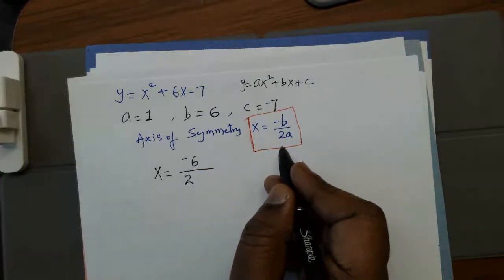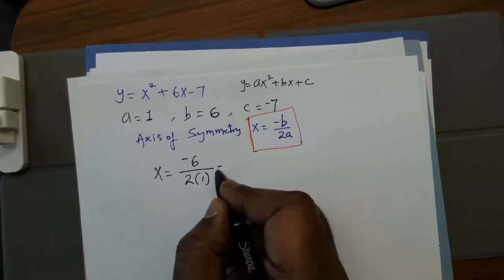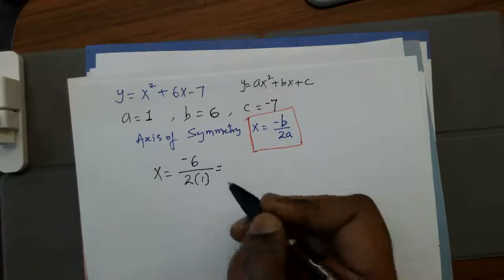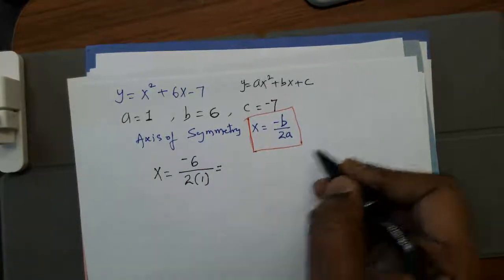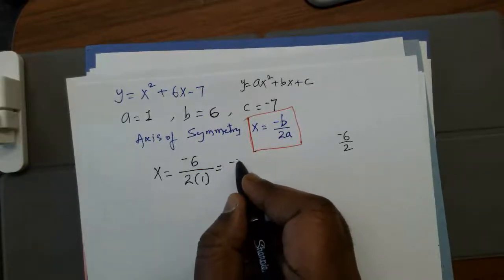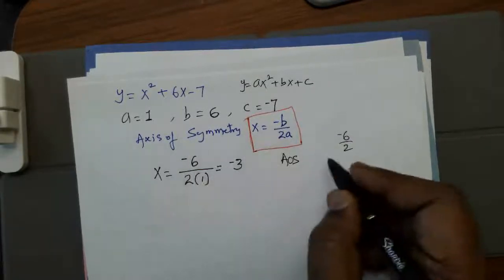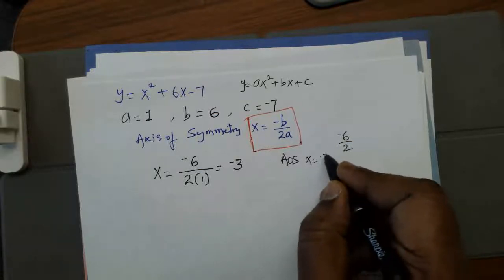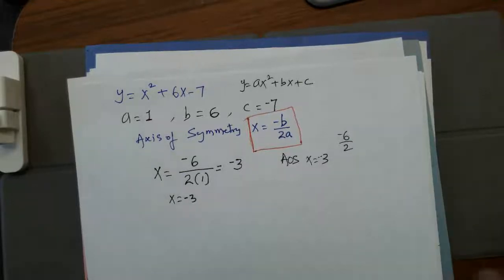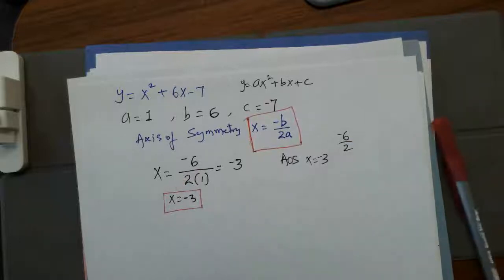A is how much? 1. So 2 times 1 is 2. So negative 6 over 2 is what? Negative 3. This is your AOS, short form of axis of symmetry. X is equal to negative 3. So you got the first part, my axis of symmetry.